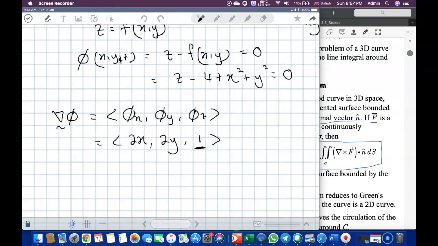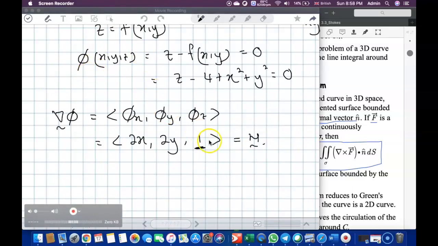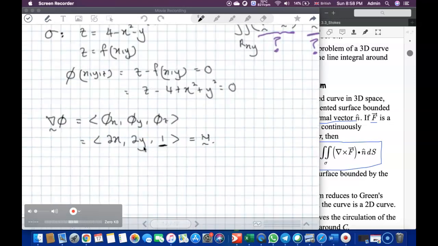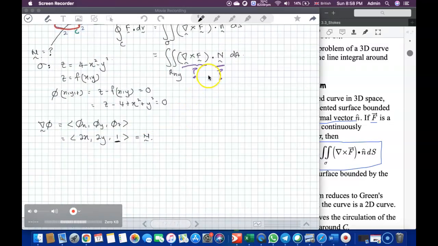So we don't need to multiply by -1. So this is our n. n points outward where k is positive. That is what we are looking for. So we accept n as positive grad phi. So we have obtained n now.